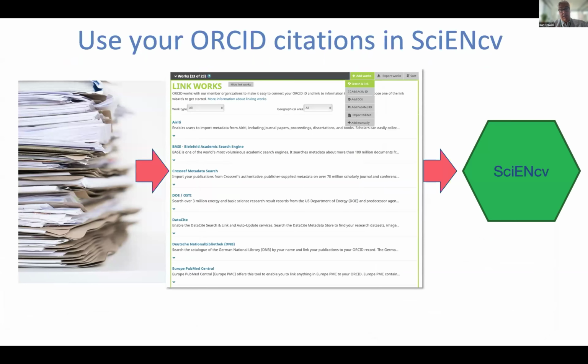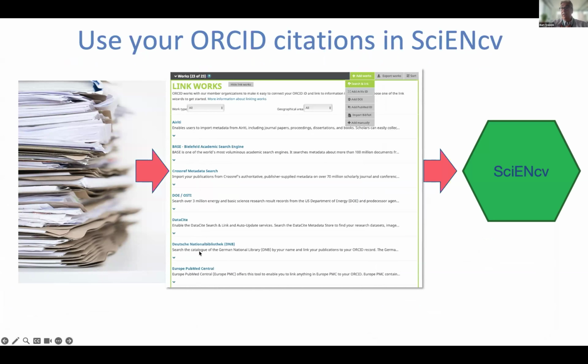Then my favorite part of this is the ORCID citation feature. If you've got your ORCID identifier and you're starting to put it into your publications, many publishers now accept this as part of the workflow process where you can add your ORCID identifier. That really kicks things into high gear, because now ORCID is constantly monitoring many different citation databases.